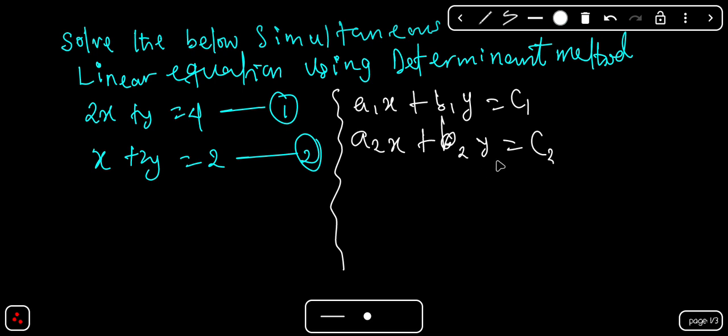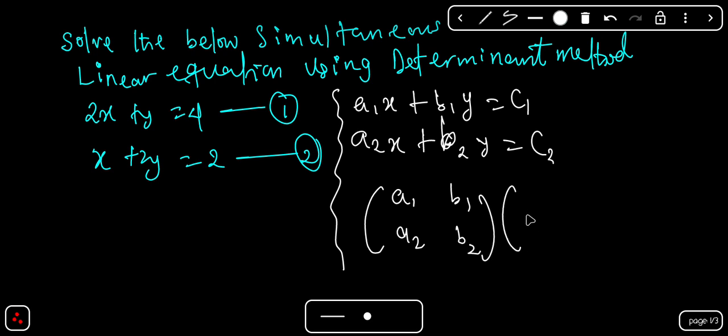If you write this in matrix form, the coefficients of x will be in the first column, which is a1, a2, and the coefficients of y will be the second column, b1, b2. The two variables we want to find are x and y, and everything is equal to c1 and c2.